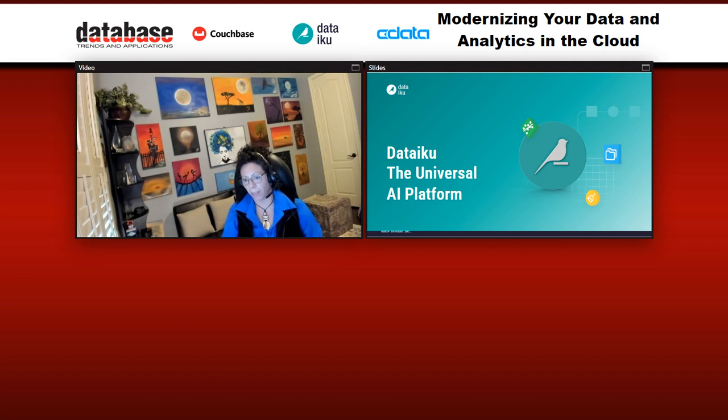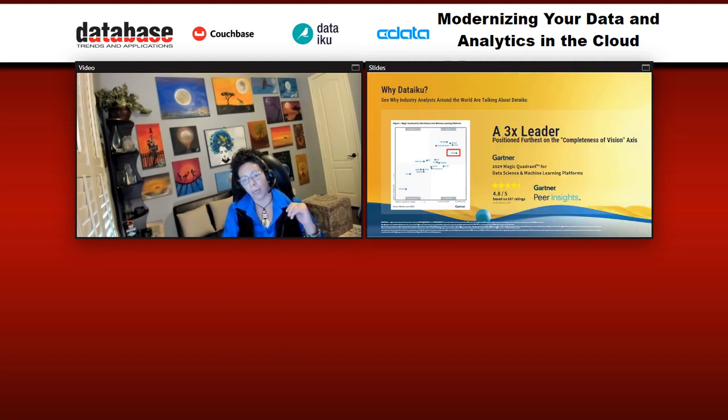I am the field CDO at Dataiku, and I have a few minutes to explain what Dataiku is. And we like to call it the Universal AI Platform, but I think what that means, and I like to start with this picture because I think that one picture says more than 1,000 words sometimes.